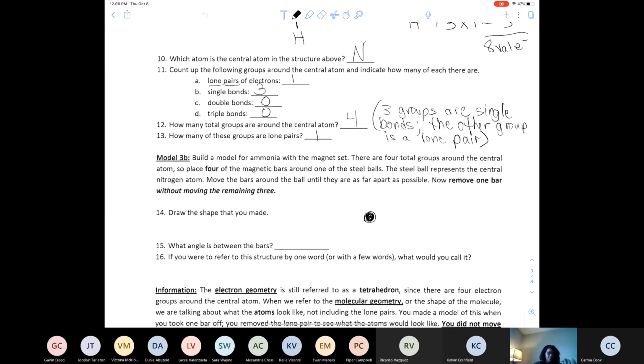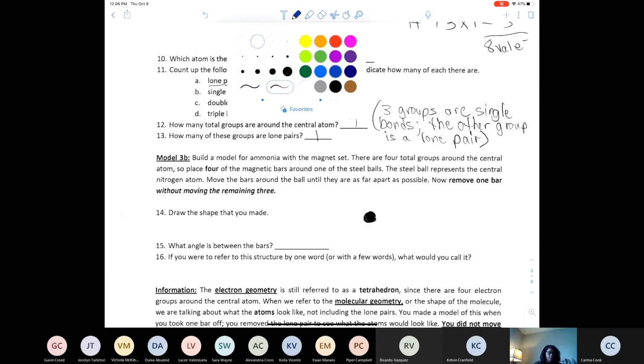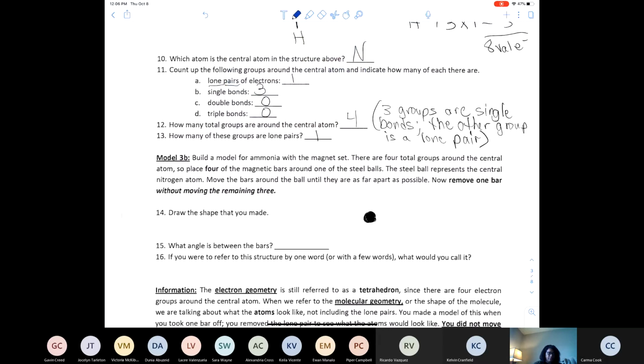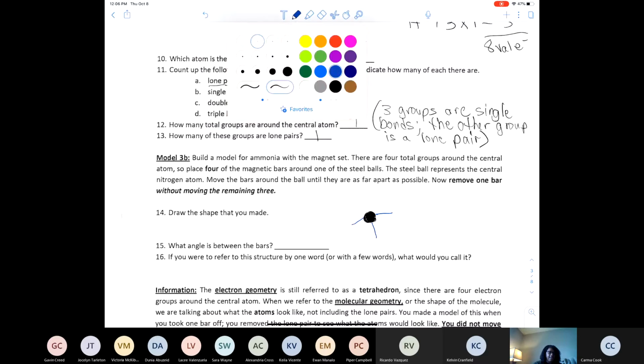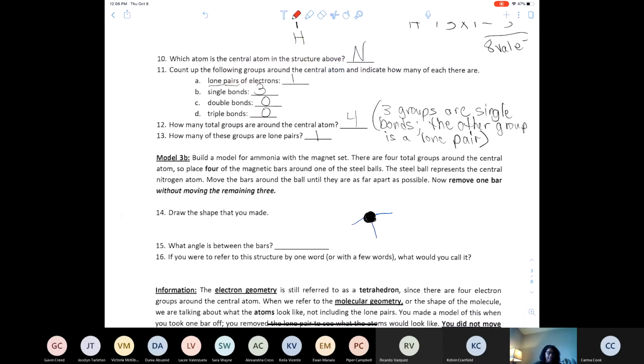We draw our central nitrogen atom. And my 3 sticks that are going to be attached, that are going to be used to attach my hydrogen atoms.